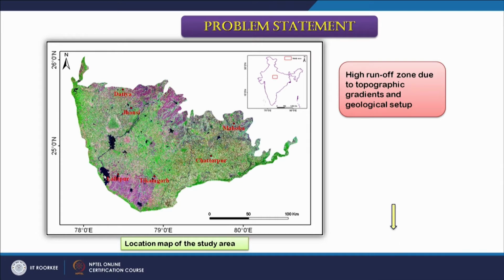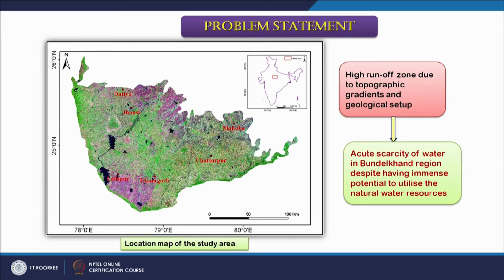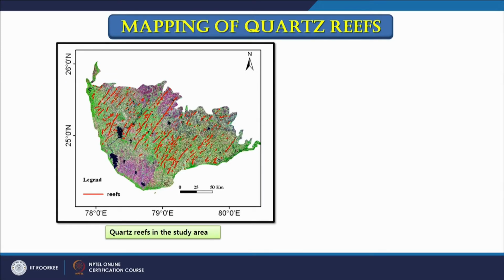So what we can do here is, because this Bundelkhand granite has tens or hundreds of these quartz reefs, which can serve as a dam axis. Already serving for a few dams which are there.